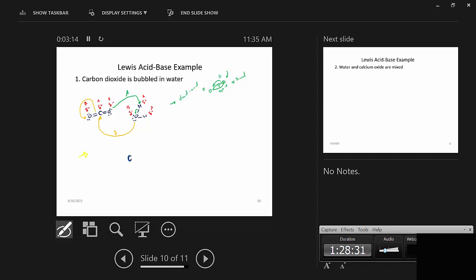Water is going to come in like this and bond here. Now, what was once a lone pair is now a bonding pair. So here's an electron pair donor. That lone pair is converted into a bonding pair.